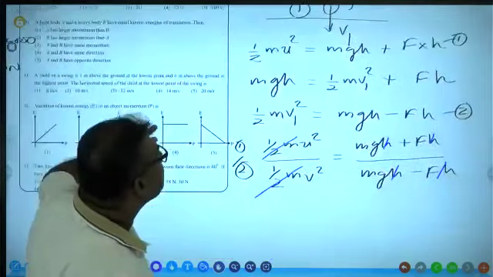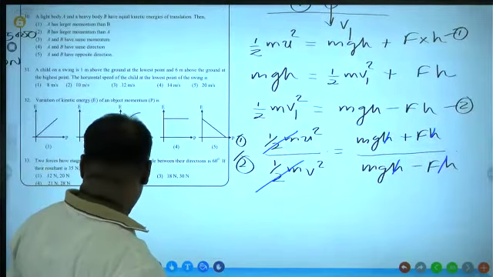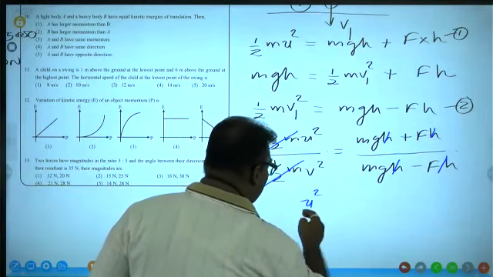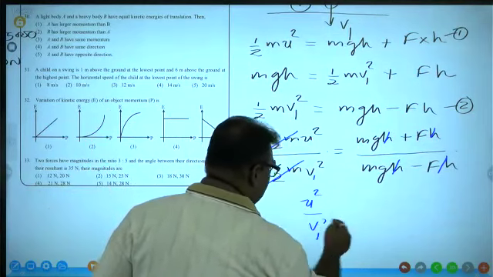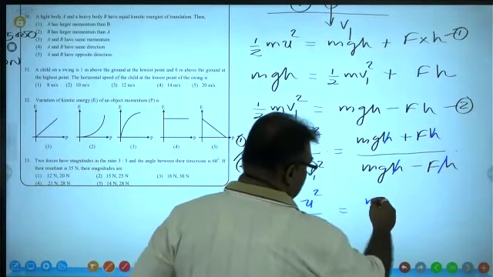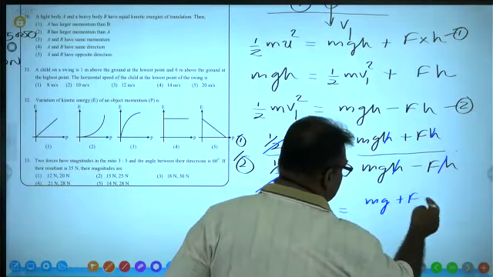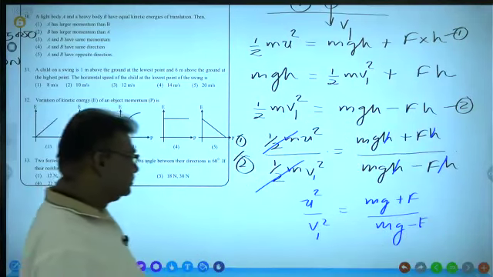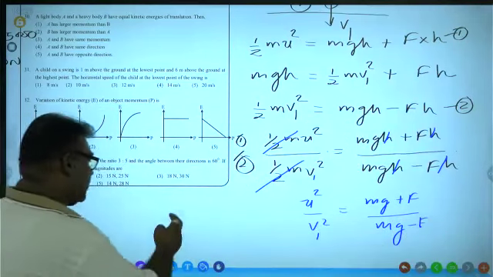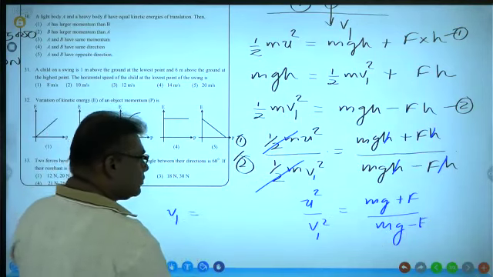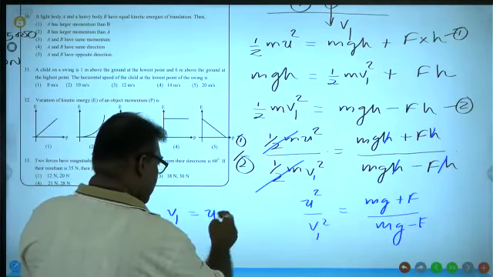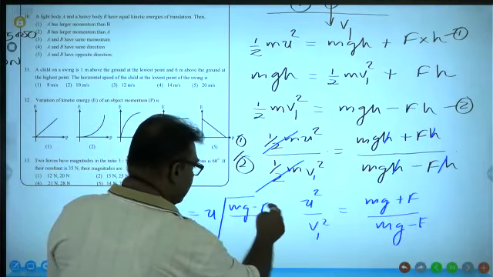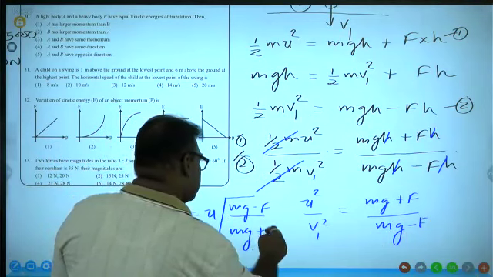Then you can say u squared over v1 squared equals mg plus f divided by mg minus f, right? Done. Then they need v1. v1 equals u times the square root of mg minus f over mg plus f.